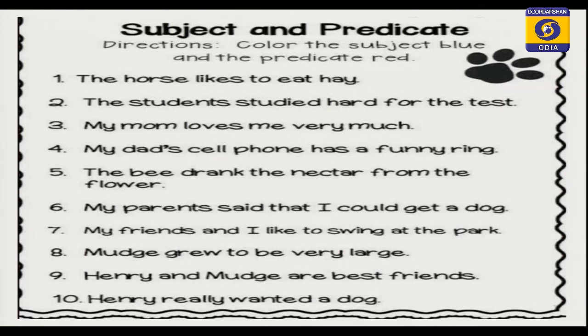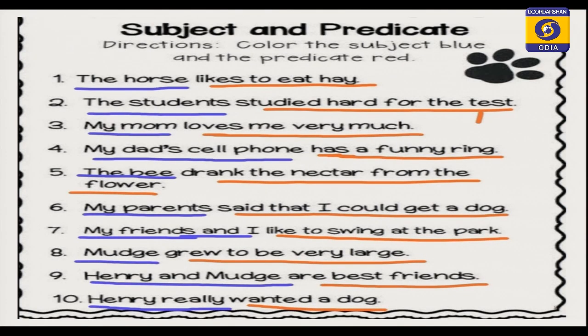Now, I will give you a task. You have to find out the subject and predicate of these declarative sentences. I have divided the sentences into two parts. Now see, the horse is the subject, likes to eat hay is the predicate.